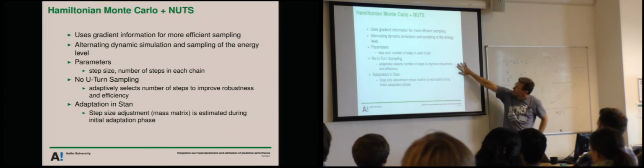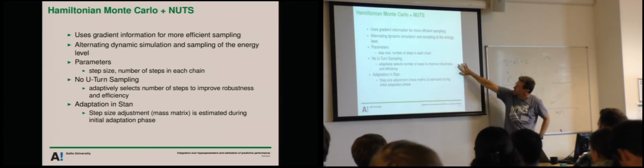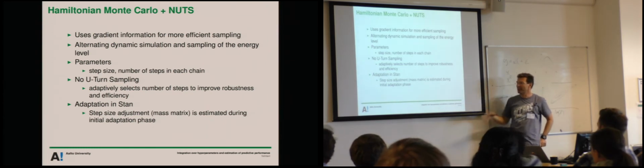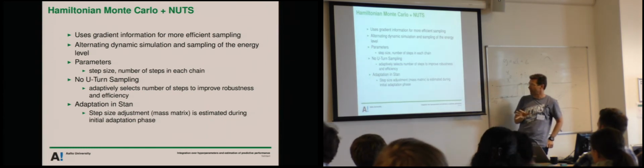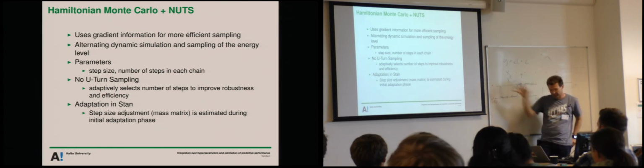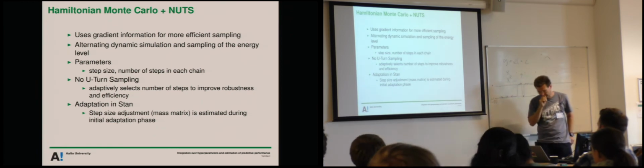So it adaptively selects the number of steps to improve robustness and efficiency, and then in the beginning there's also step size adjustment during the initial adaptation phase, which makes it work nicely.